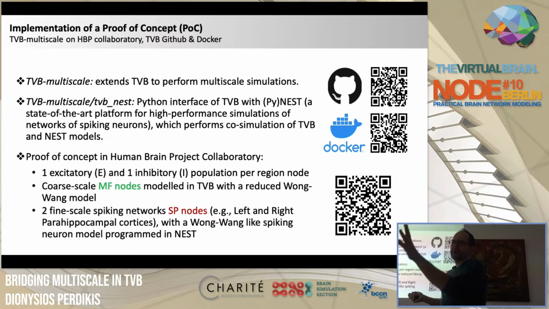Then I select randomly, for the example, 2 regions of the brain, the left and right parahippocampal cortices, to substitute the TVB nodes with spiking networks. For that reason, I'm using a spiking neuron model to build those networks that resembles very much the original Wong-Wang-like spiking neuron model that was used to generate the mean field approximation.